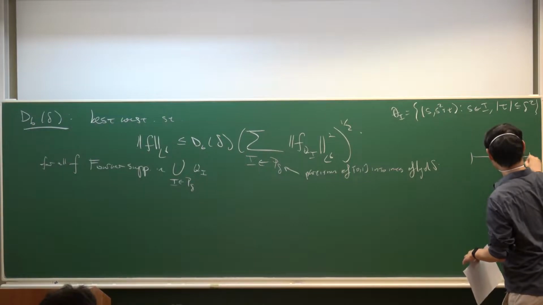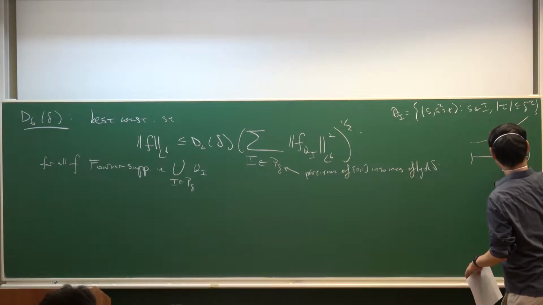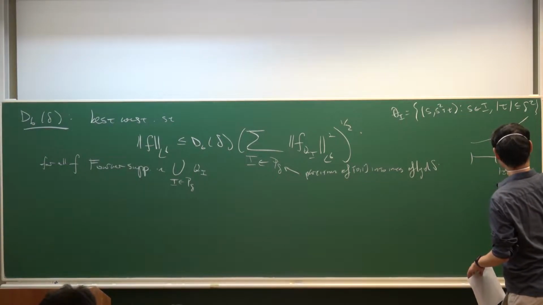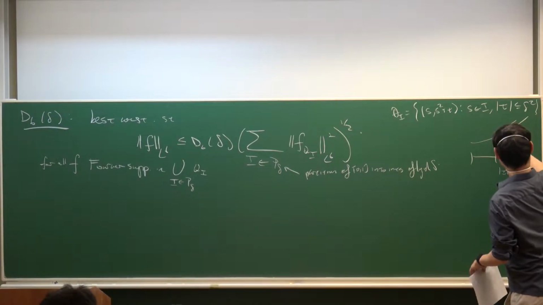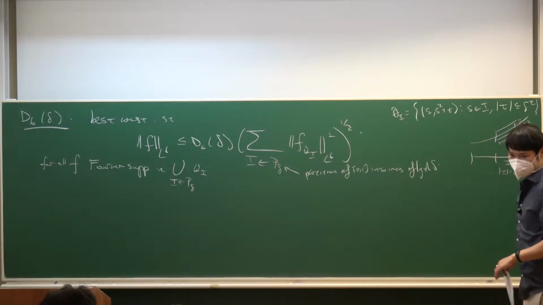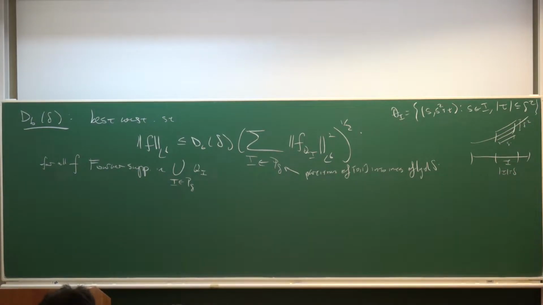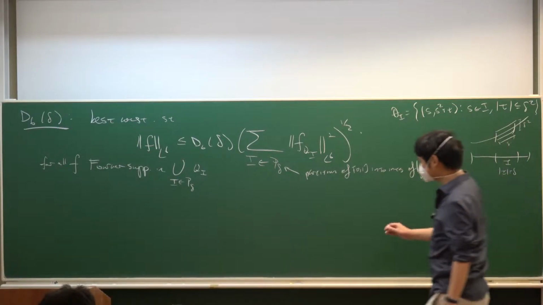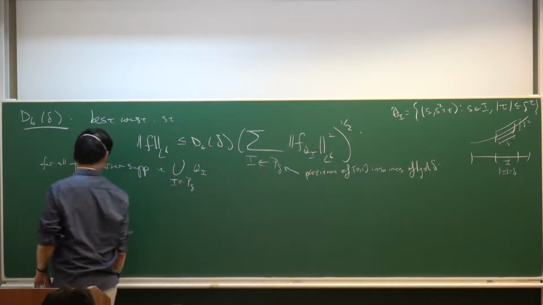The picture: I is of length delta, and it's literally this delta by delta squared slab. Because we chose a delta squared neighborhood, you should think of it really like a parallelogram. At this scale, I don't really see the curvature of the parabola.